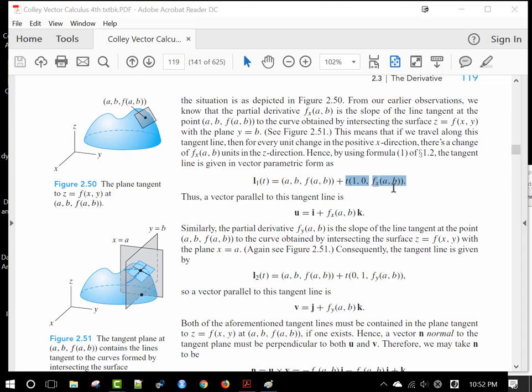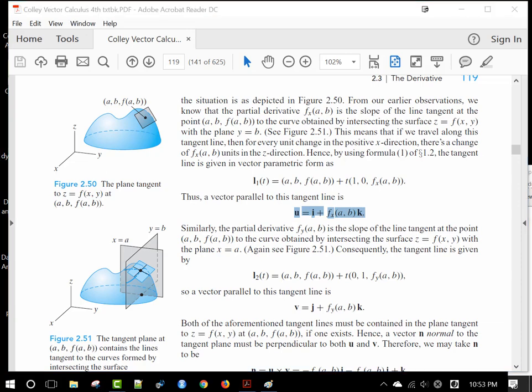So if we just want a vector parallel to the tangent line, it's 1 for i, 0 for j, so there's no j here, and then this amount for the k. So okay, we're just doing this step by step. Now we have a vector which is parallel to this tangent line.